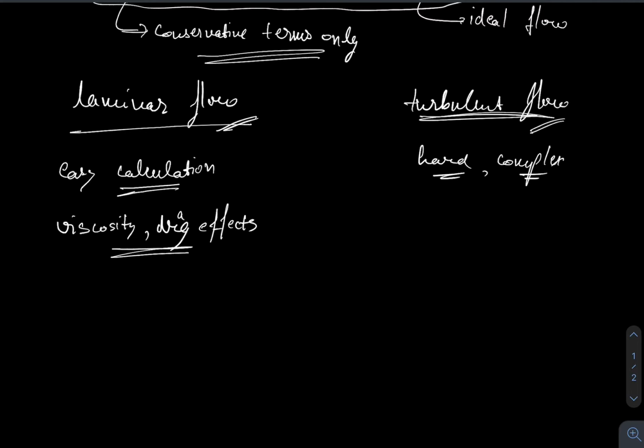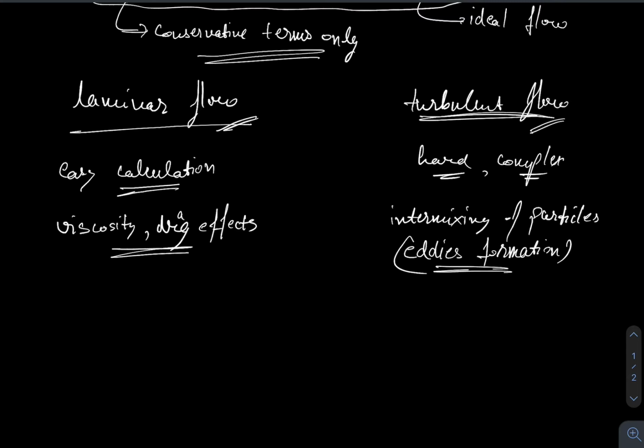However, in turbulent flow it is due to intermixing of particles, or I can say eddies formation. Here viscosity and drag effects are dominant, and in turbulent flow intermixing of particles or eddies formation is dominant.